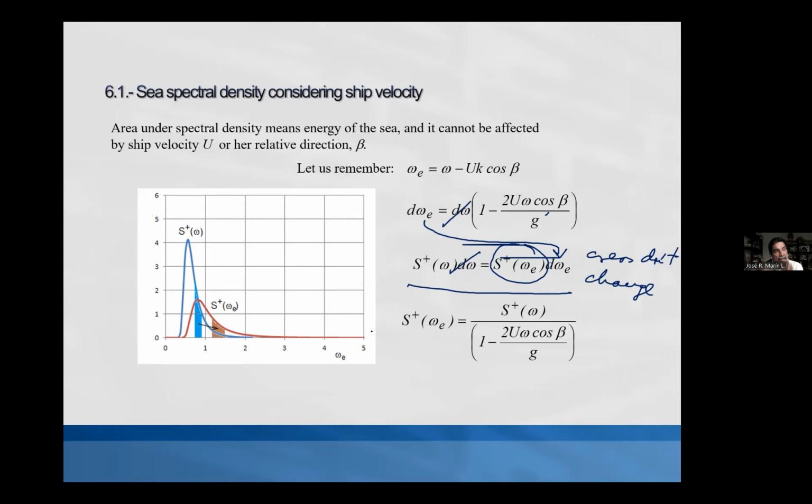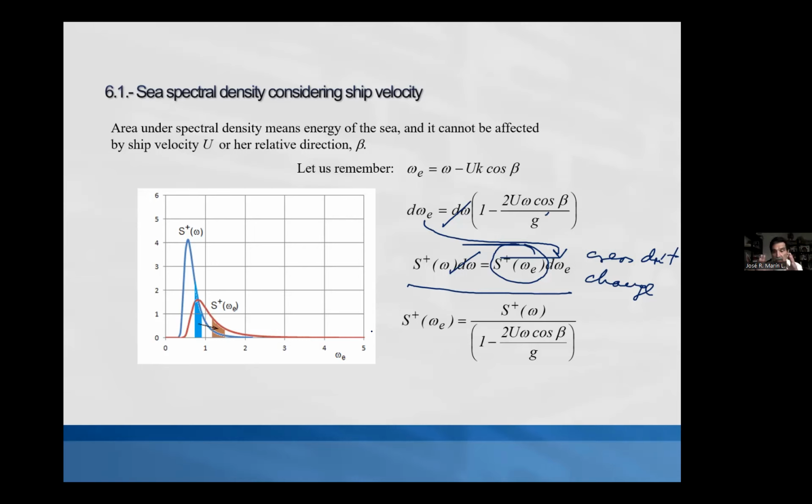And we can combine this spectral density of the incoming waves with the RAO, response amplitude operator of the ship. And in the RAO, we have to consider the direction and the velocity of the ship. Then we have both spectral density and RAO, both functions of the encounter frequency. And we can go on and combine as we deduced in the previous chapter.